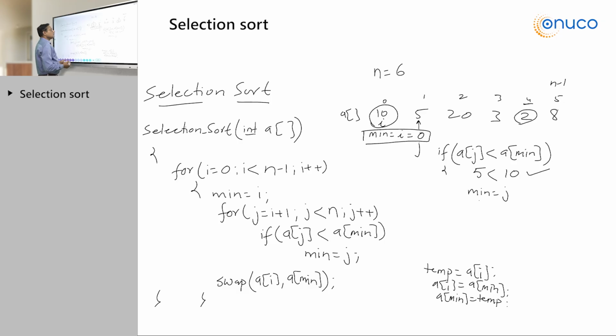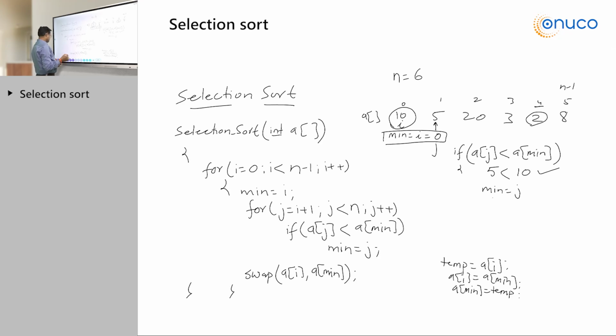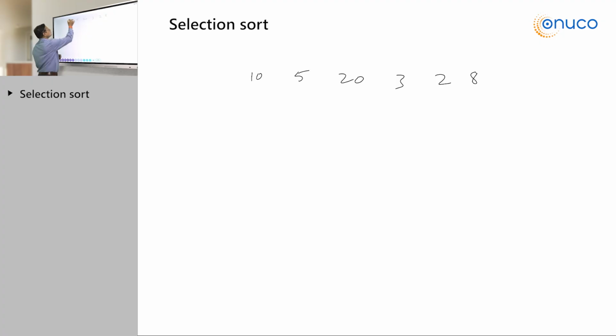Now, let us see how you are going to use this algorithm to perform the task and get all the elements in sorted order. Here we have elements 10, 5, 20, 3, 2, 8. So I am writing indices 0, 1, 2, 3, 4, 5.